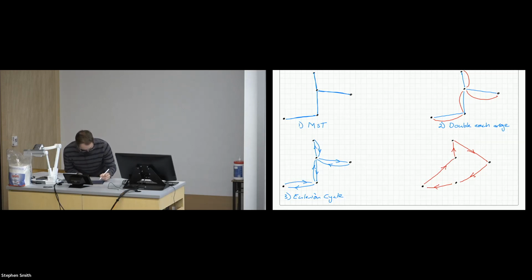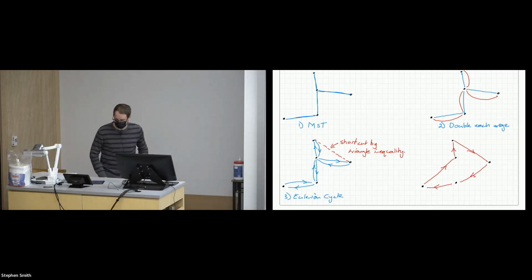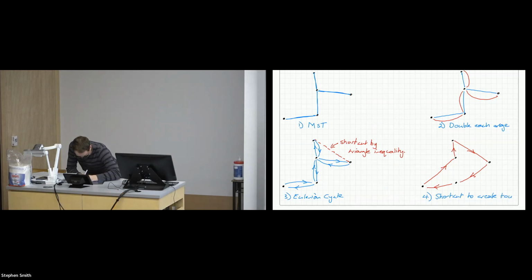Right, and each one of these shortcuts, like I can draw it over here, is actually a shortcut. And that then is my final tour, the red thing. So, shortcut to create the tour.